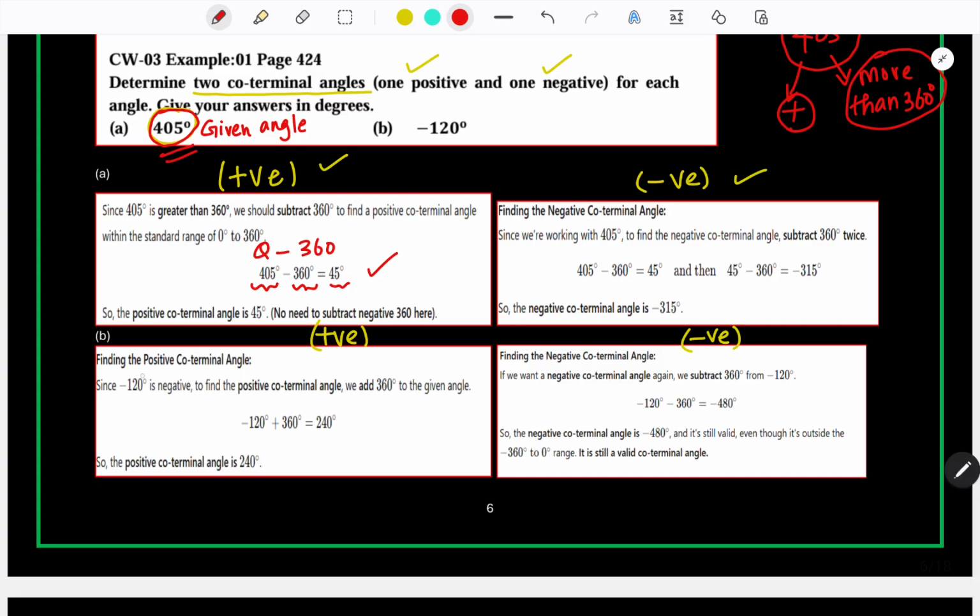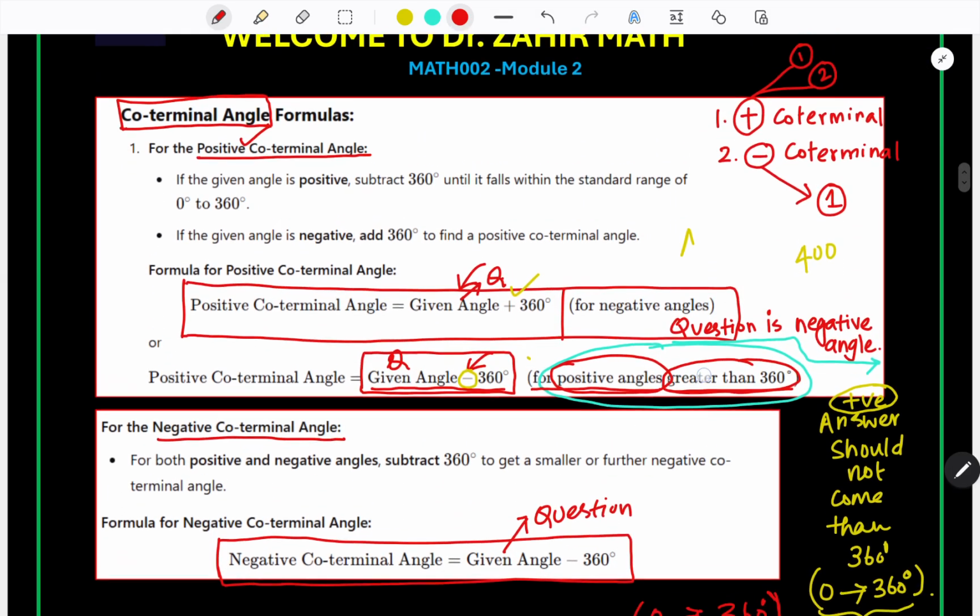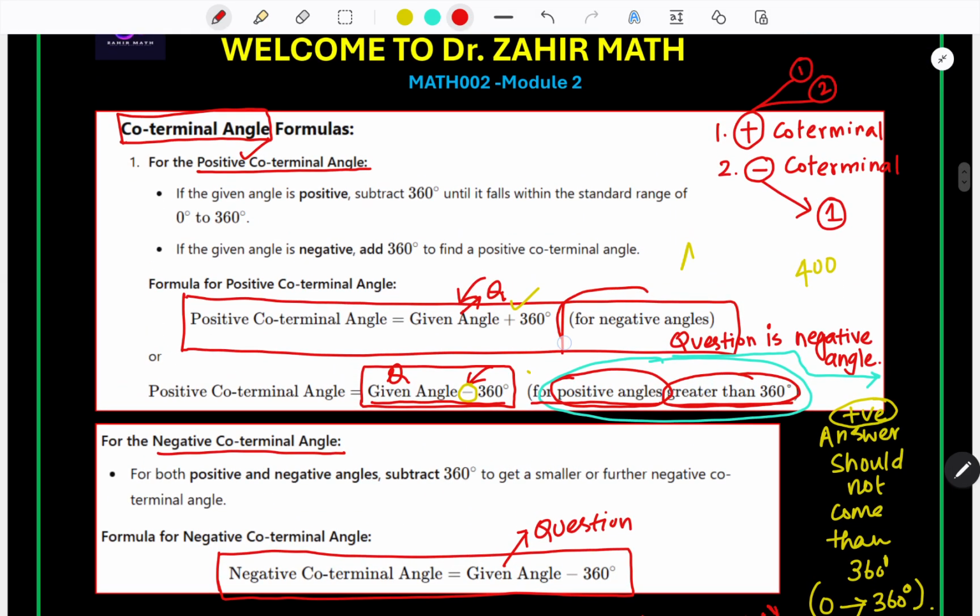Let's go for positive coterminal angle. What is your question? Minus 120. So the question is negative. If the question is negative, go here. What is the formula?